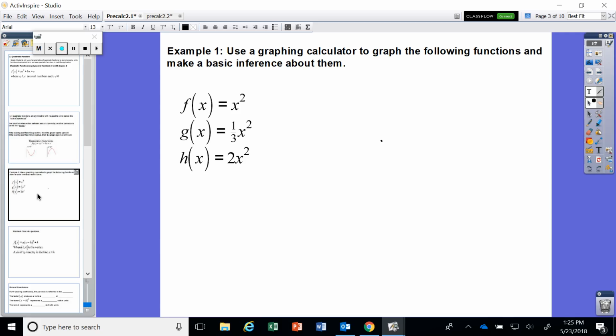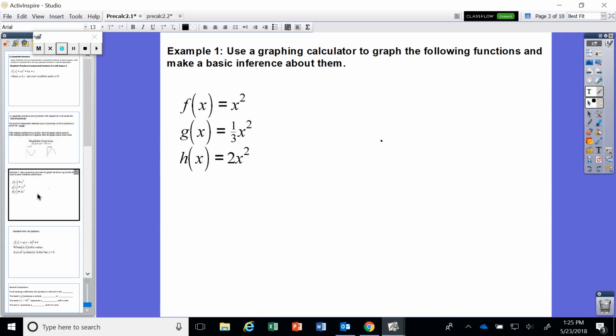As you're looking at these particular functions, what is the real only difference between said functions? Hopefully you're understanding that the only real difference is the change in that leading coefficient. So what does the change of the leading coefficient actually provide us? Well, let's take a look.